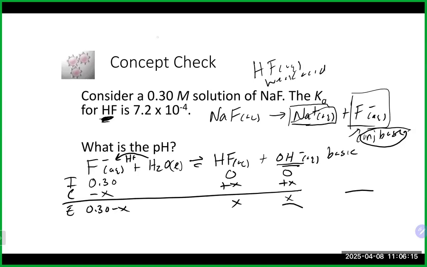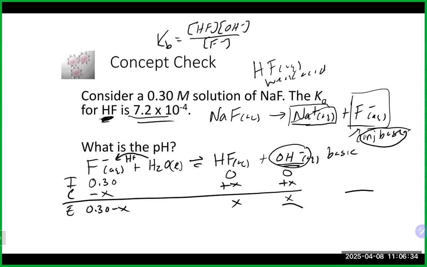This would go into our K value of our products, which is HF and our OH minus, divided by our F minus. And this should be a K what? Should be a Kb, as we have hydroxide here. As you can see, we're not given the Kb, we are given the Ka, which is very common in these type of problems.